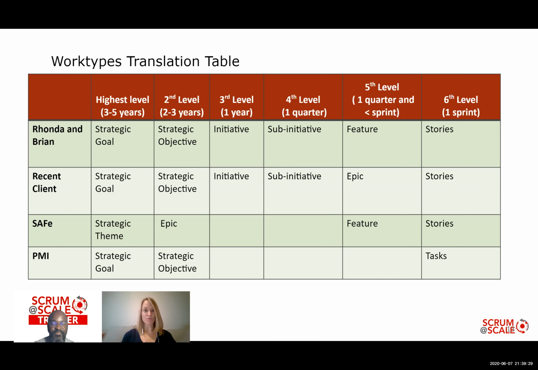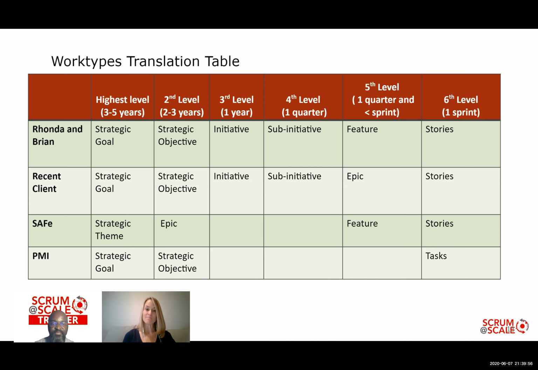Or, the other extreme, if you're a huge organization with lots of complexity, you might find the work types that we have stated here might not even be enough for you. You might need to add to this. These are the work types that we've been working with recent clients. But again, you're going to want to tailor this based on the situation and the company and the organization that you're working with.